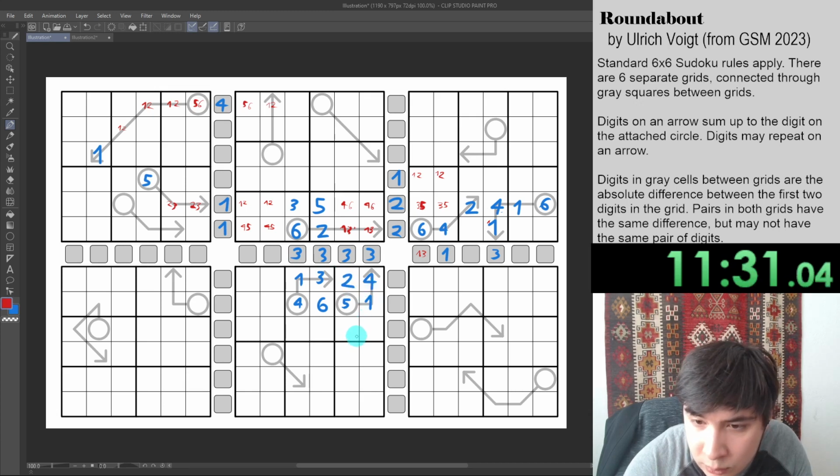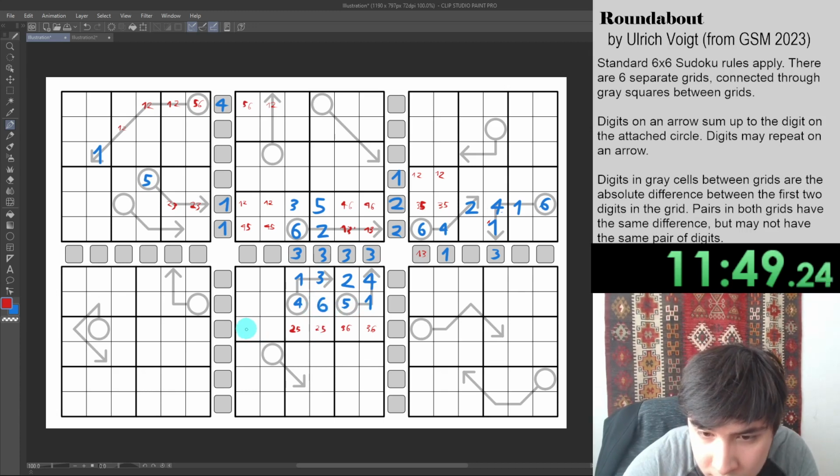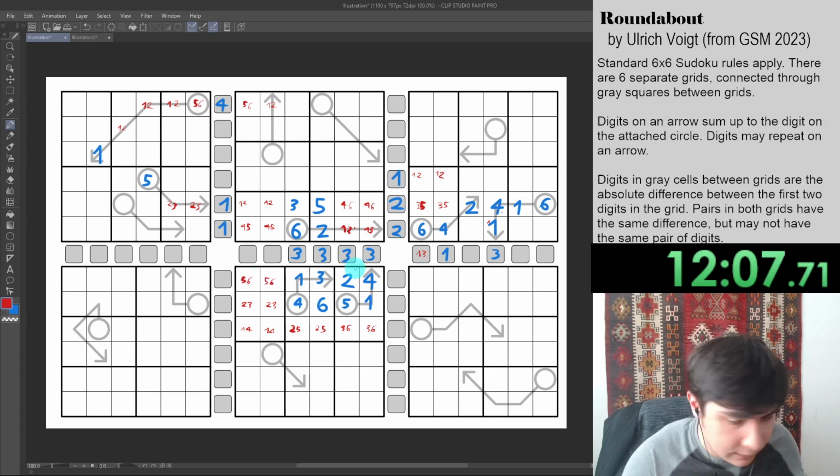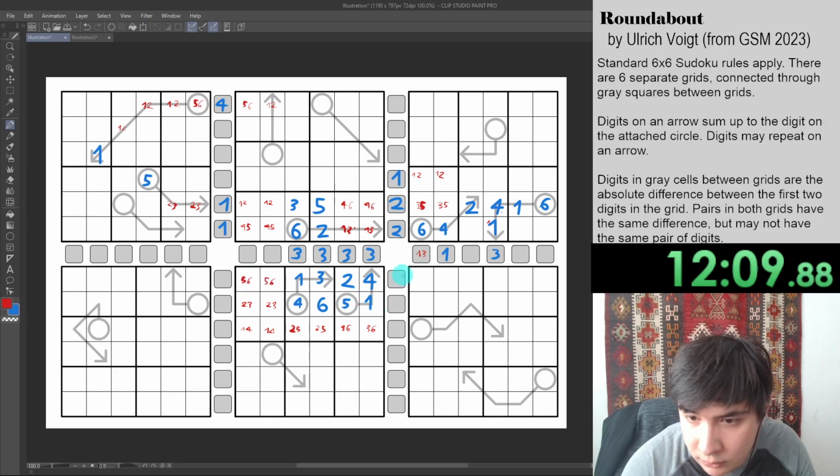And our 2 leftover numbers here are 3 and 6, as well as 2 and 5. That means we do get our pairs for the other side as well. This is going to be a 1, 4 pair. This is going to be a 2, 3 pair. This is going to be a 5, 6 pair. That's going to give us our border numbers too.